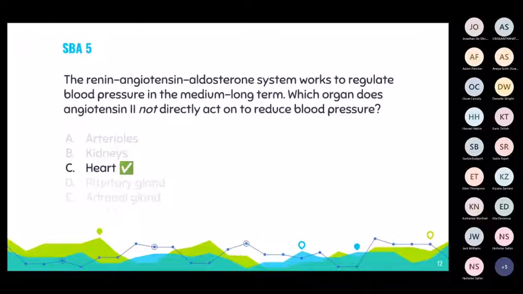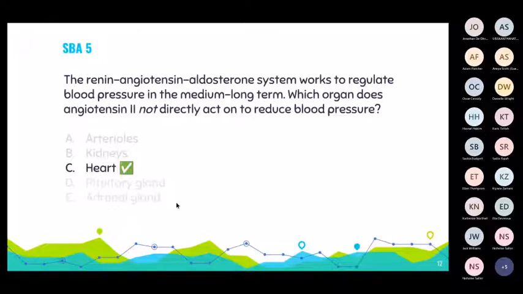It also directly acts as another vasoconstrictor on your arterioles. And angiotensin 2 also acts on the adrenal gland, which releases aldosterone, that magical hormone, which also acts to retain more salt. So basically, you've got salt pouring in on all sides and water being retained on all sides. Your RAS system is just a multitasker, and we'll go through that in a bit more detail.